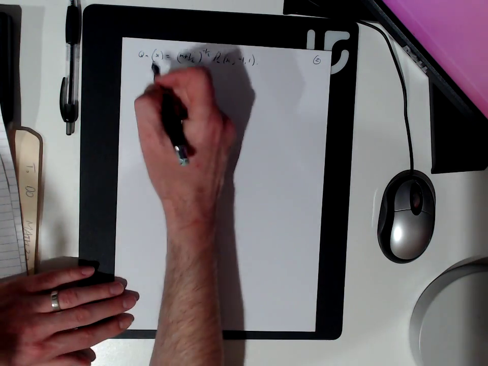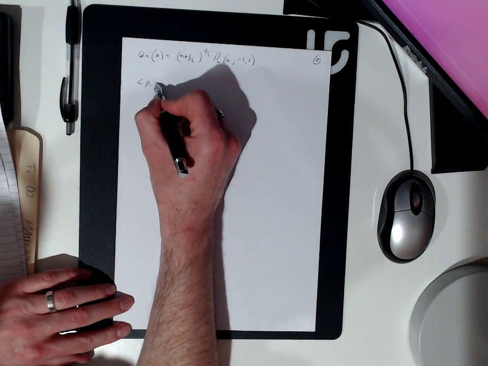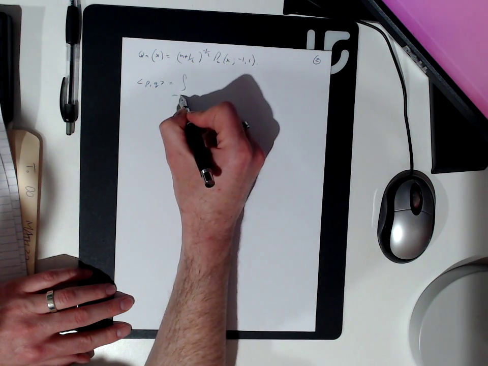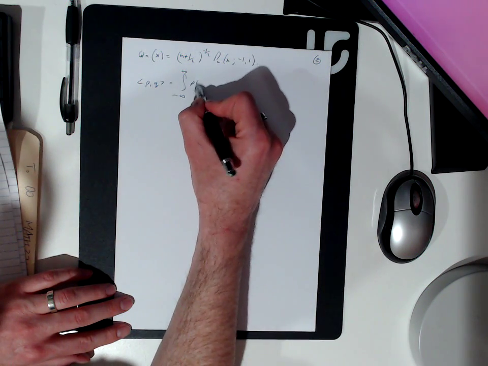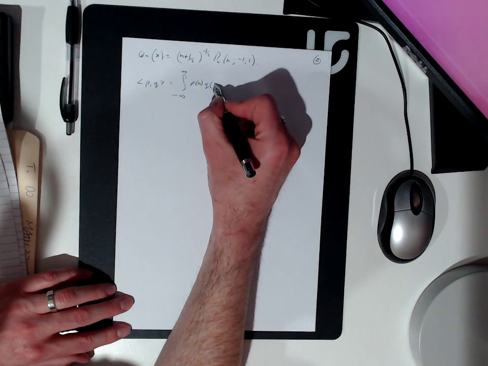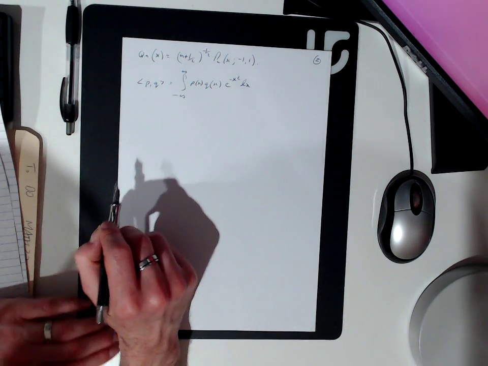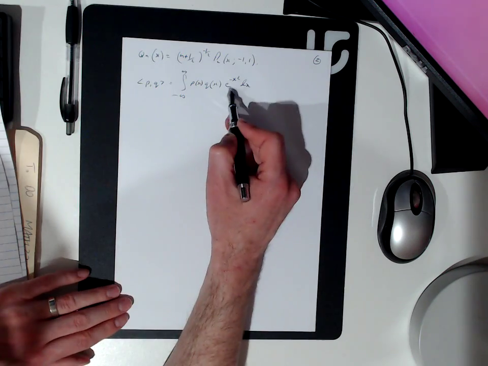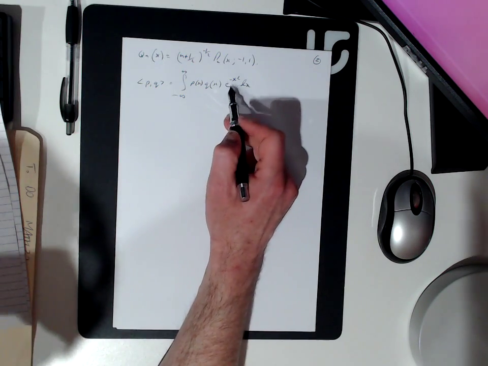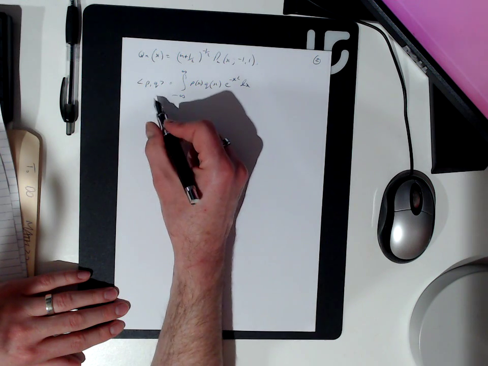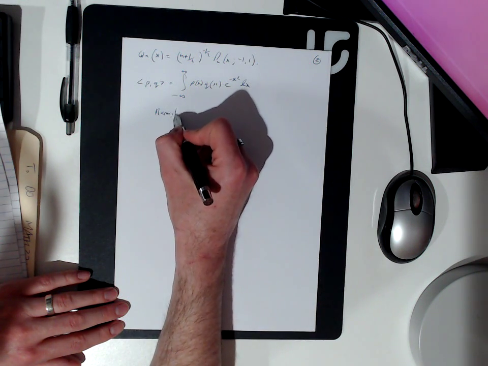So you can always choose different inner products if you'd like. For example, if you choose this as your inner product, which you should check is actually an inner product, it's guaranteed by this thing being continuous and positive everywhere, you get Hermite polynomials.